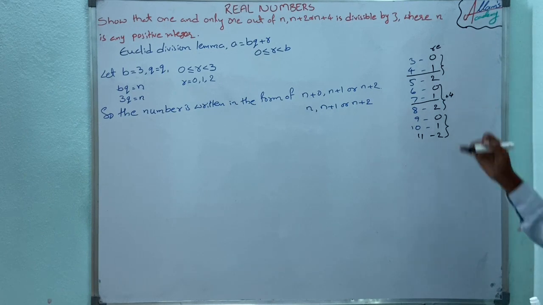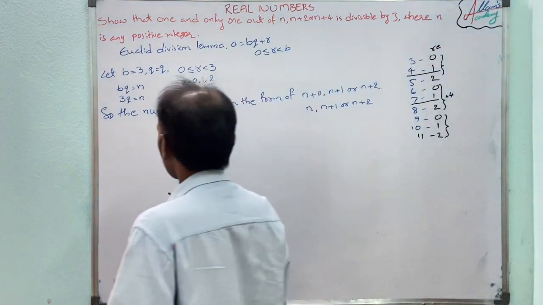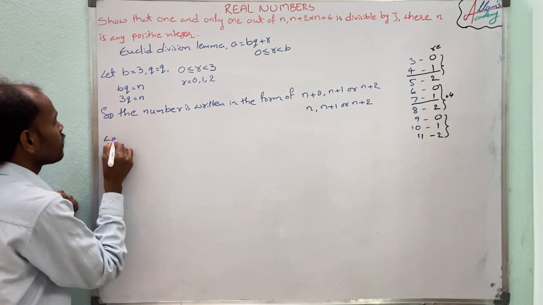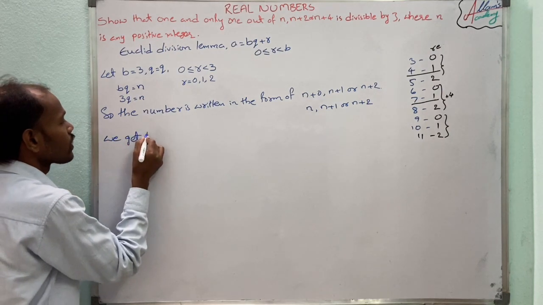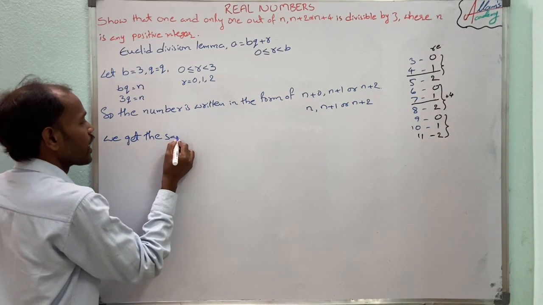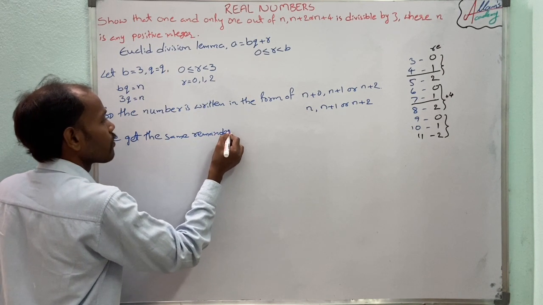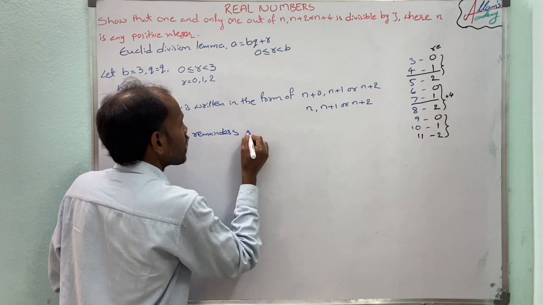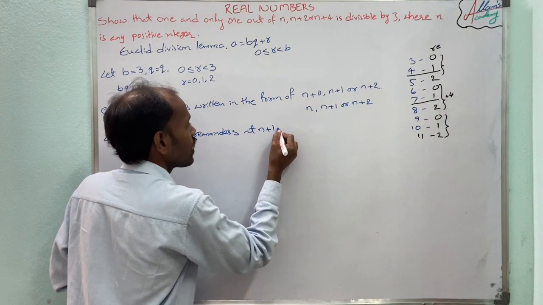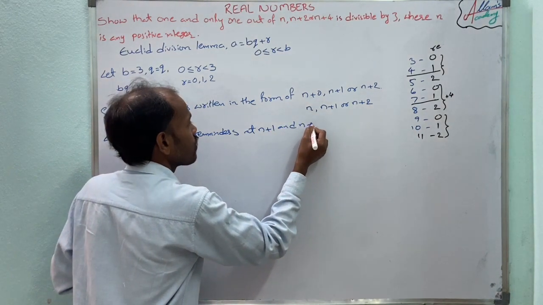So n plus 1 is replaced by n plus 4, there is not any problem. So we get the same remainders for n plus 1 and n plus 4.